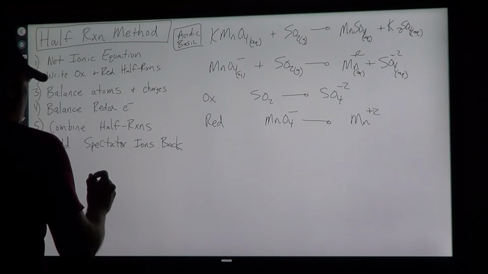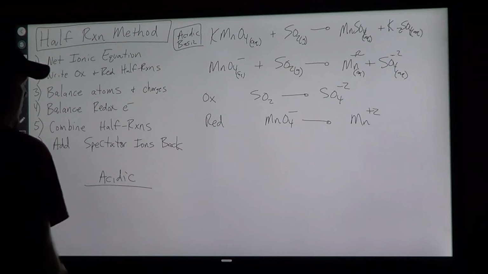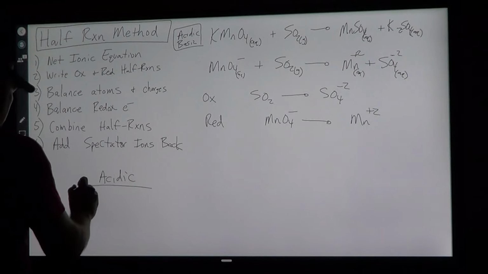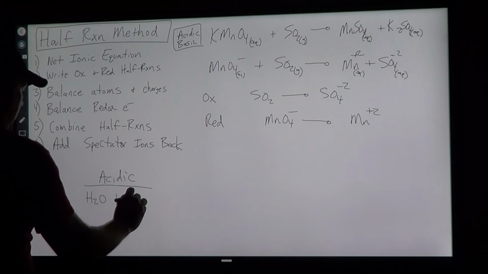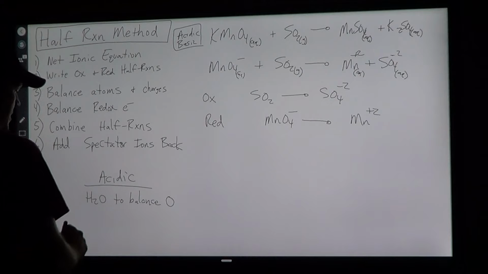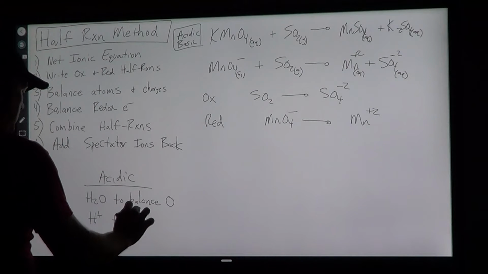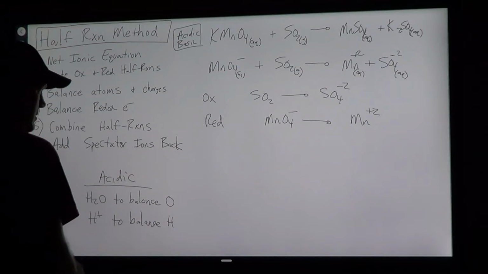So here's some tricks. When it's acidic, you want to add H2Os to balance the oxygens, and then you want to add H pluses to balance the hydrogens.